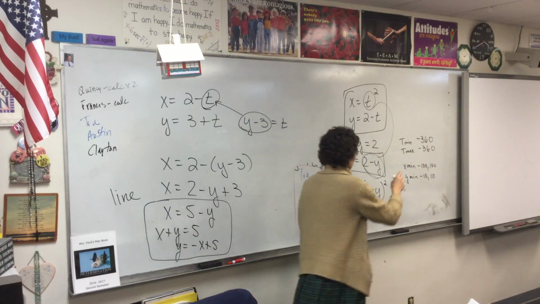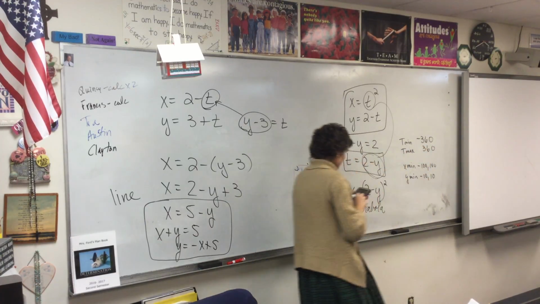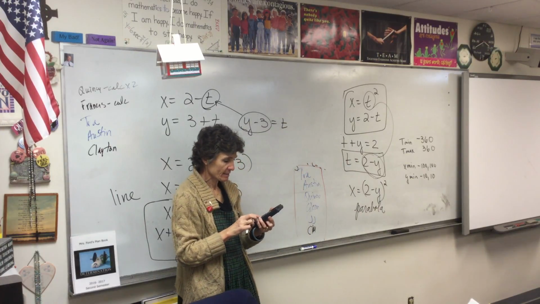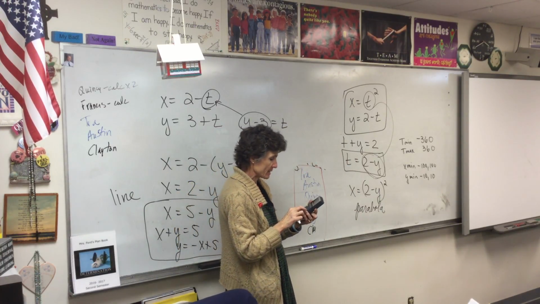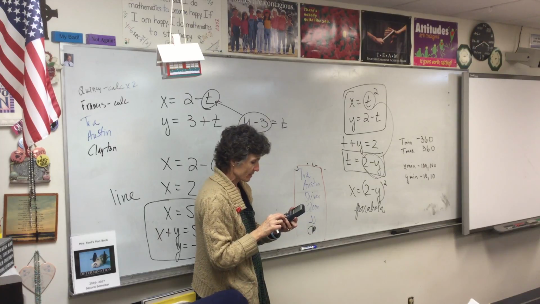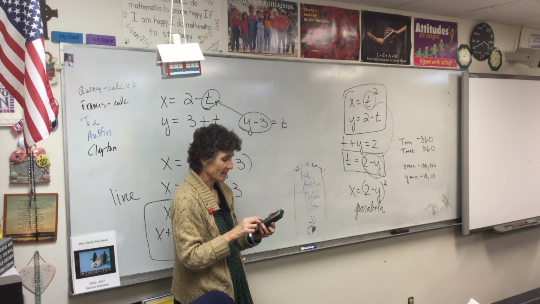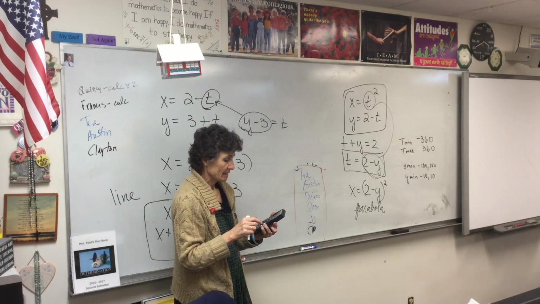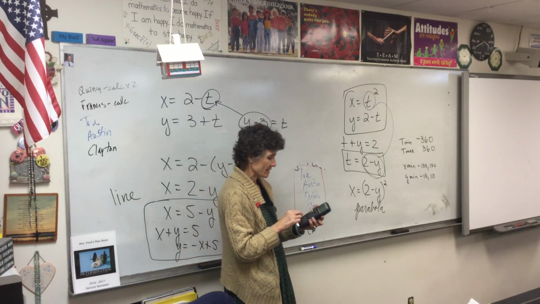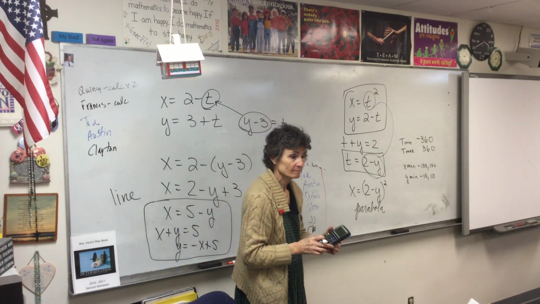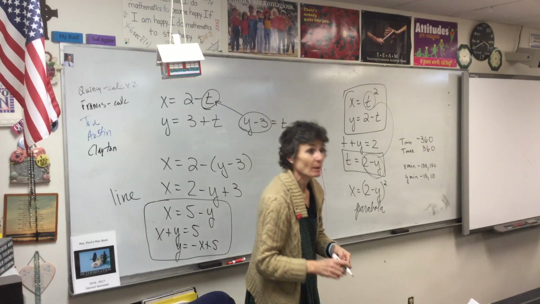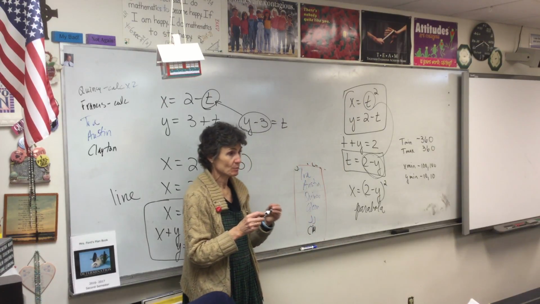So try that. Negative 360 to positive 360, negative 100 to 100, and negative 10 to 10. And then hit graph. And you should see a parabola. Wait, what do you put? Sideways? Sideways. Yeah, oh, it's a sideways one.